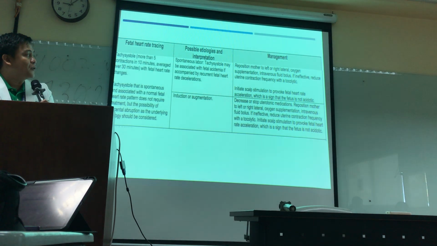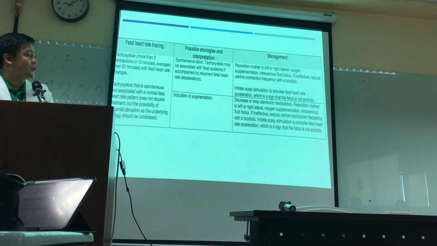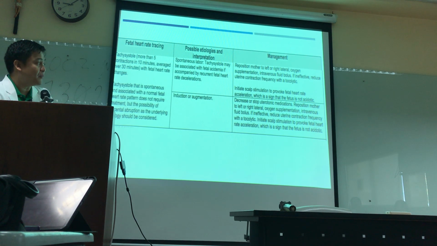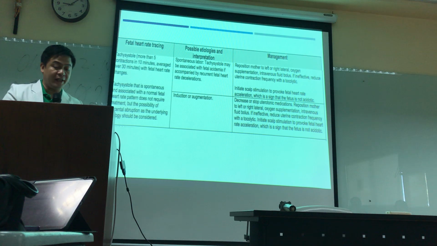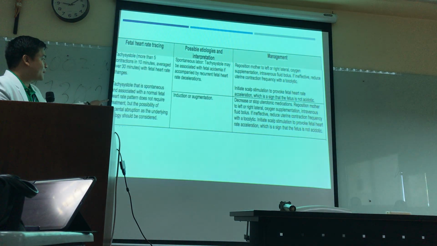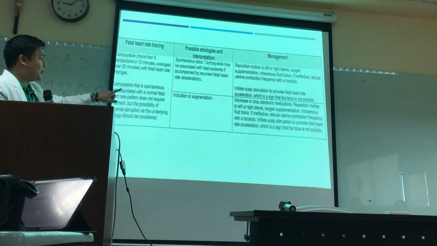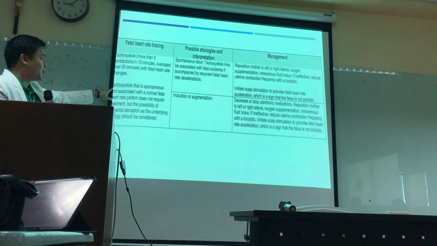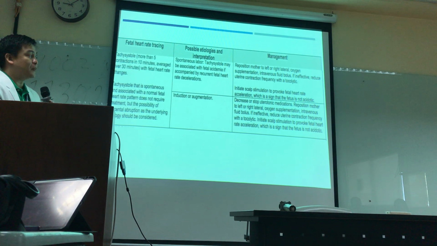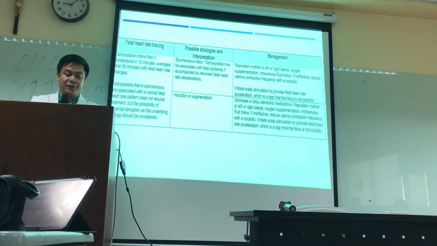If ineffective, then reduce your uterine contraction frequency with a tocolytic. Okay, you can also initiate scalp stimulation to provoke fetal heart rate acceleration. So during induction or augmentation, it could also result to your tachysystole. So what you do is you decrease or you stop your uterotonic medications.